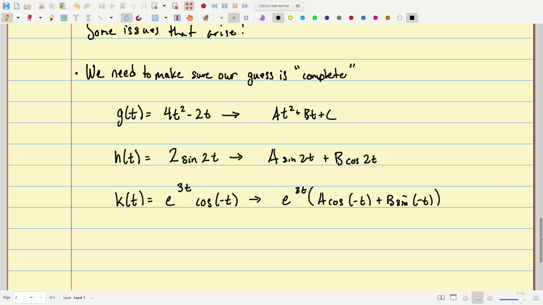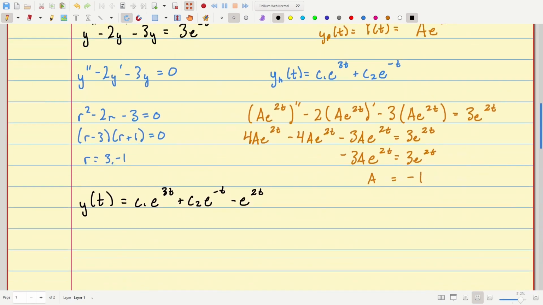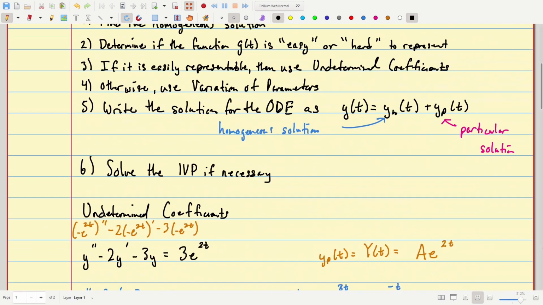Okay, so what is the lesson we have learned about these things? What makes me have to add things to guesses? Derivatives, right? Earlier we were talking about functions being easy to represent or hard to represent, and the delineation there is whether or not its derivatives form cycles.